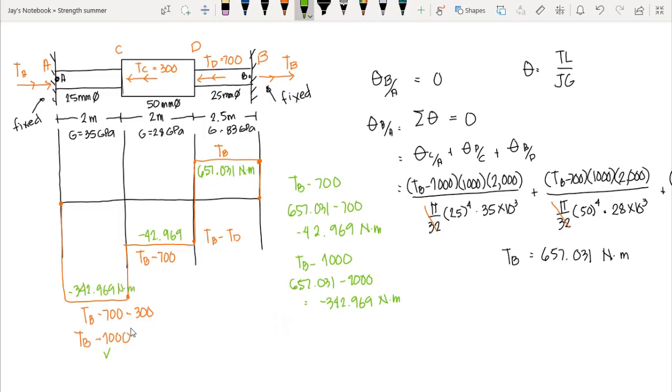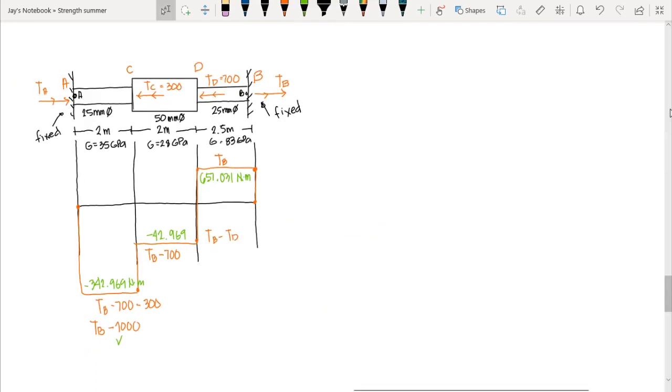So we can now compute the maximum shear stress in each segment. So let's start with the maximum shearing stress for member AC. Now the maximum shearing stress, we have the twisting moment times the radius over the J. Since our maximum shear occurs on the outside surface of our bar, and that is R distance from the center, or our rho here, that is equal to the radius.